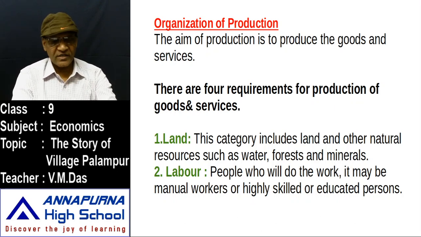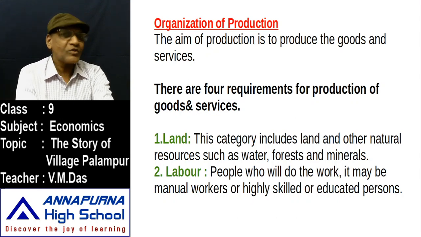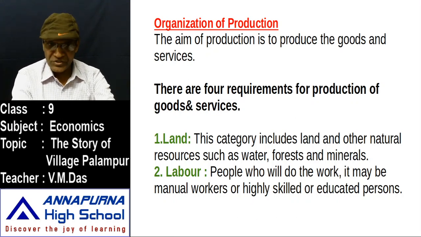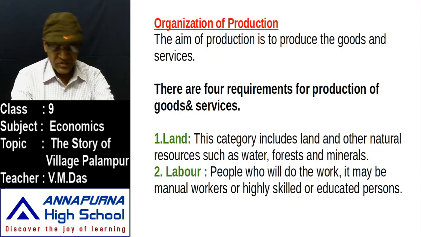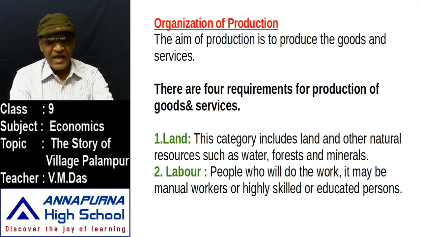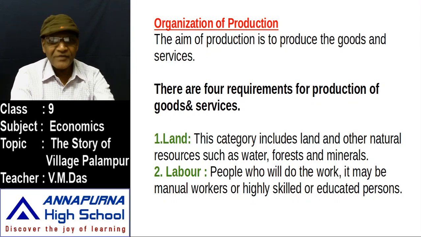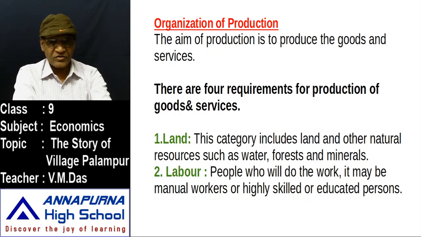Besides manual workers, there are other people who also work in the production unit. They are called highly skilled people. And besides that, there are some educated persons who work in some industries. Semi-skilled persons also work, and manual workers or laborers also work.